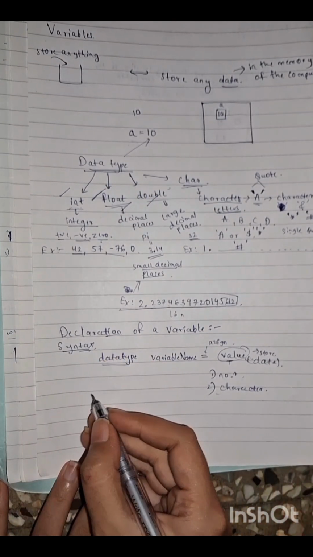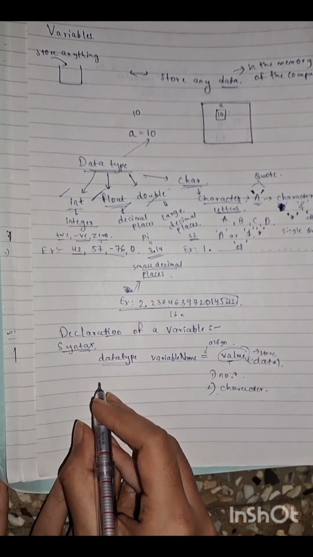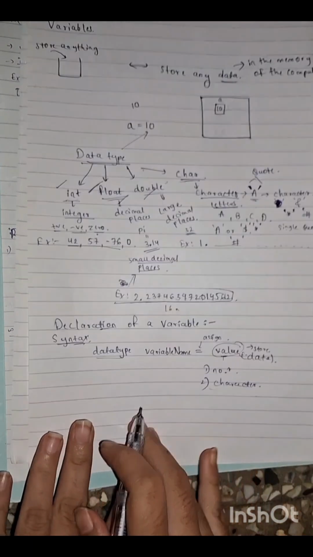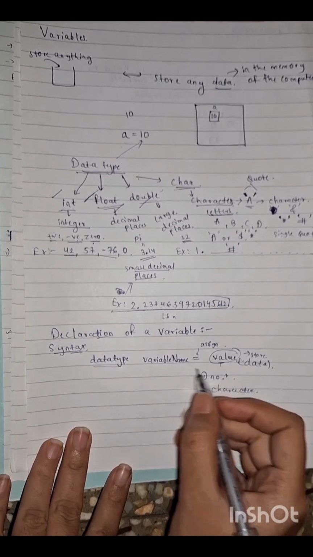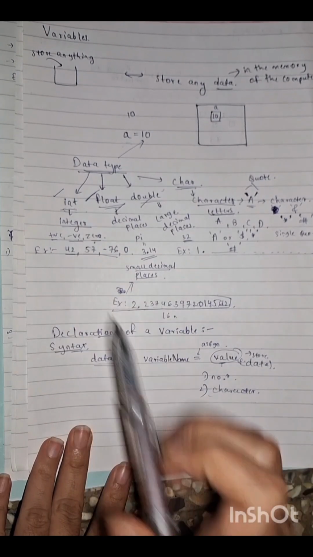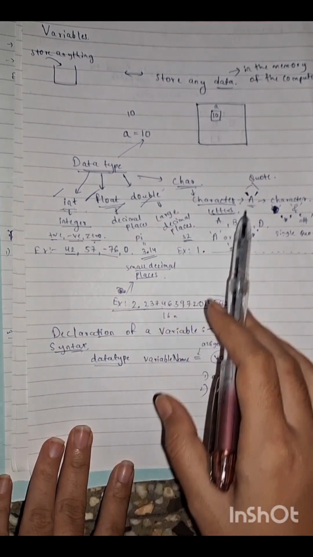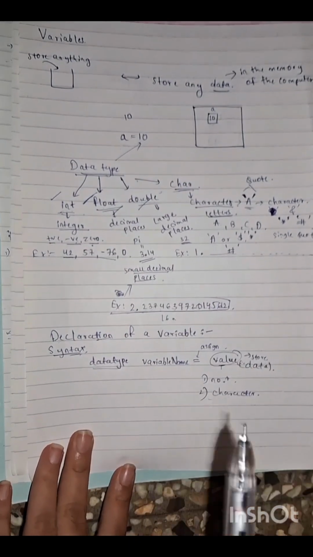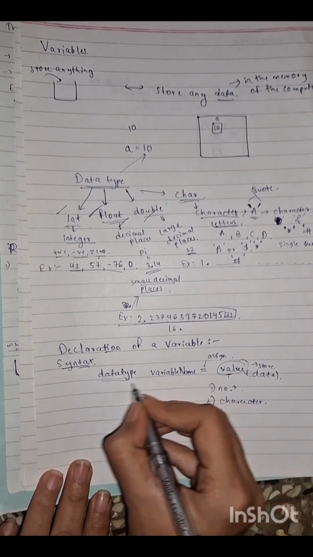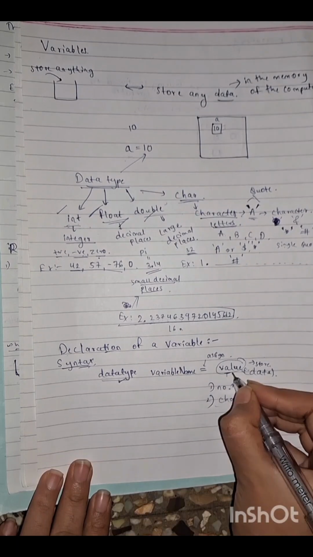Anyhow, I will answer now. If there is a number, then we will make use of the int data type, and if there is any character, we will make use of the char data type. So we know this and this.